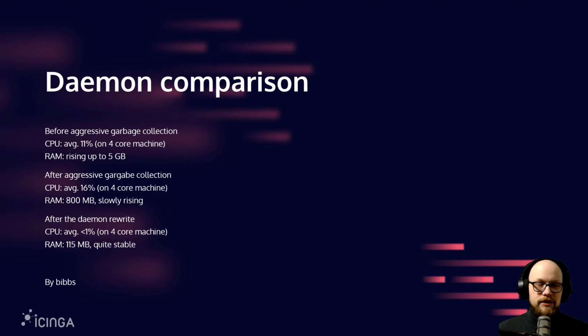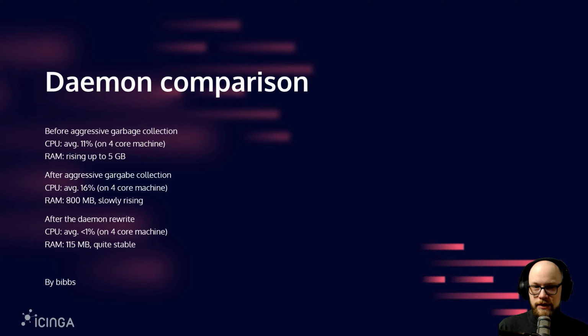And with the new background daemon, the entire new handling, we have the CPU average at around 1% or below, or at 0% even sometimes, and the RAM went down to around 115 megabyte.